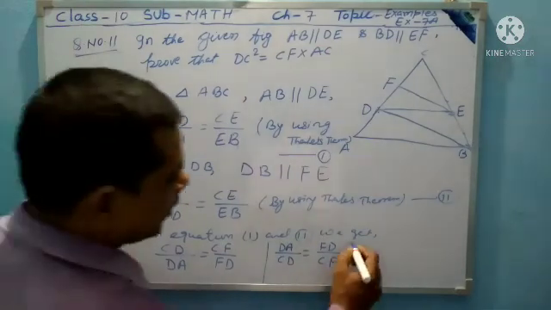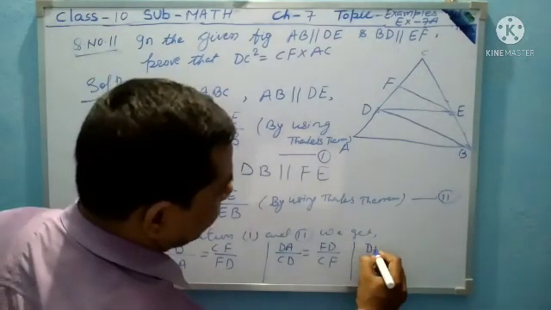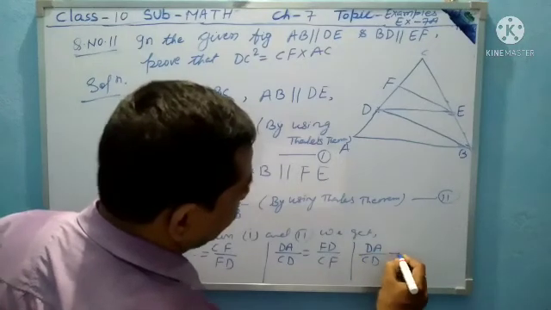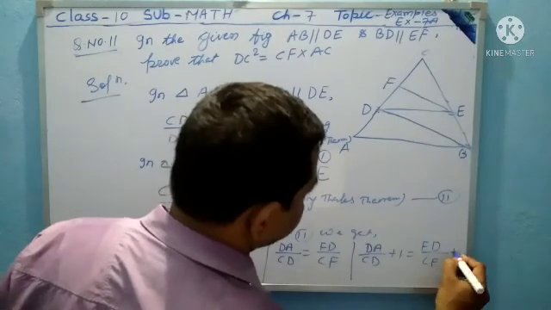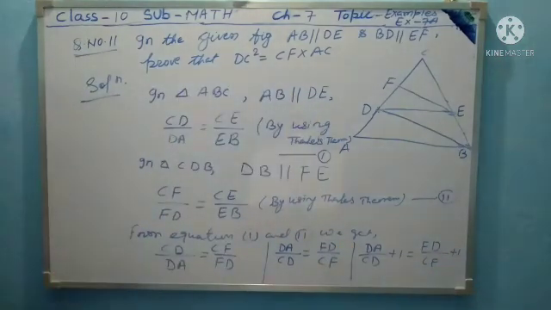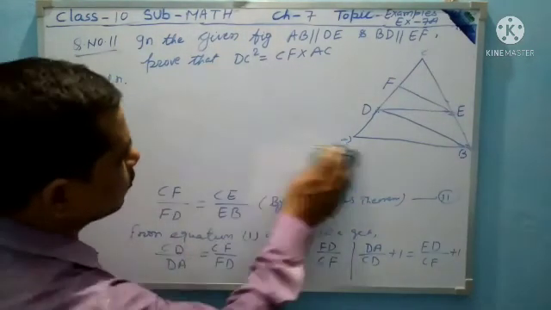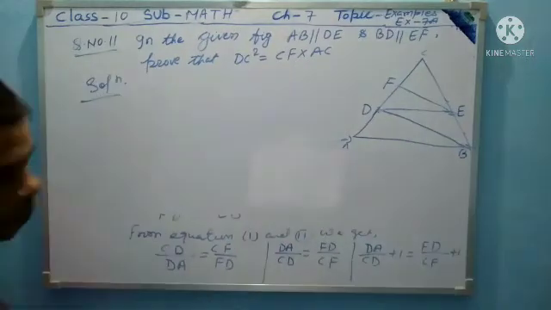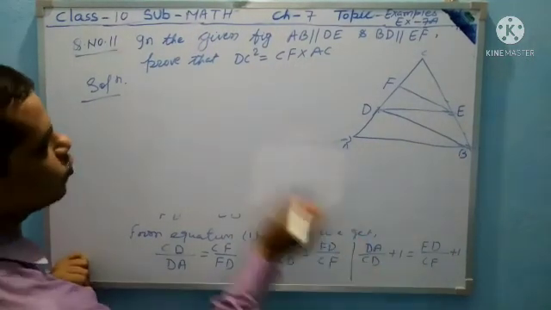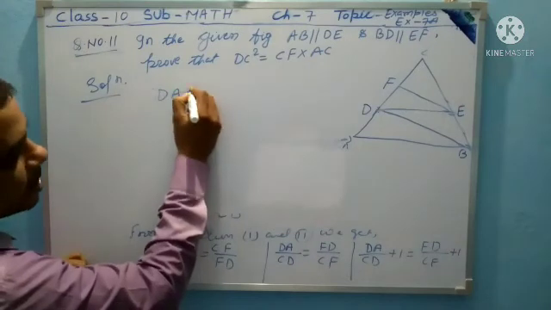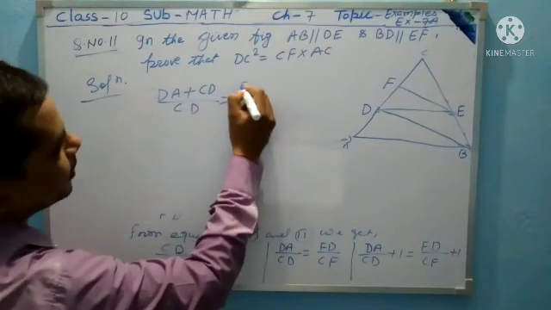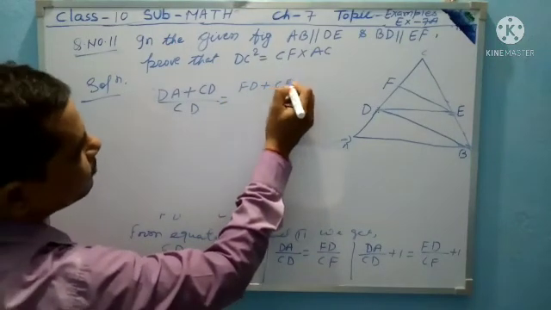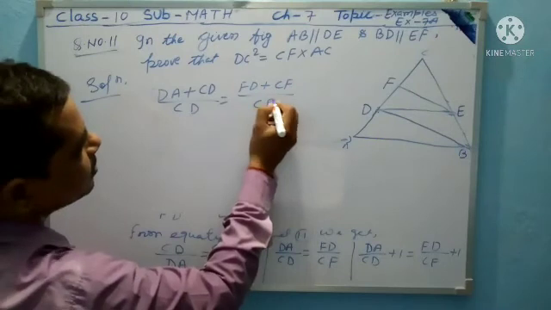Now adding 1 to both sides, DA by CD plus 1 equals FD by CF plus 1, through the corollary. So DA plus CD divided by CD is equal to FD plus CF divided by CF.